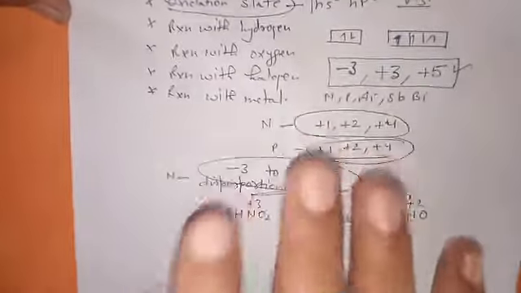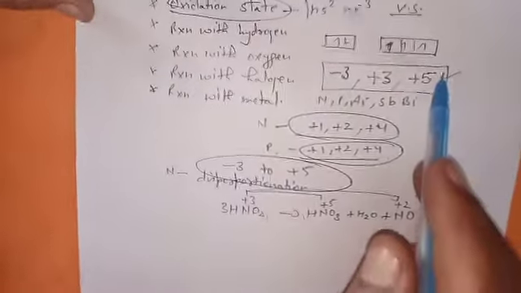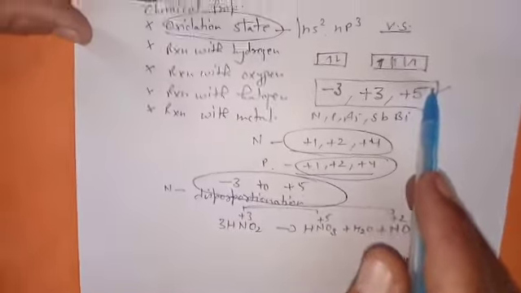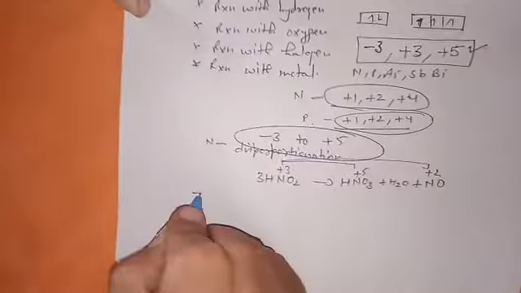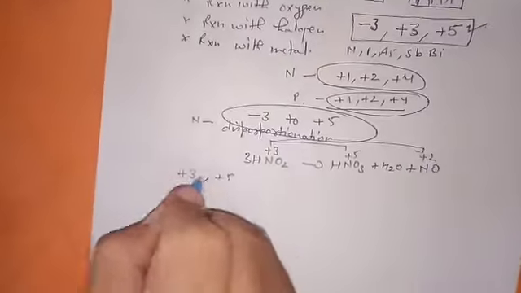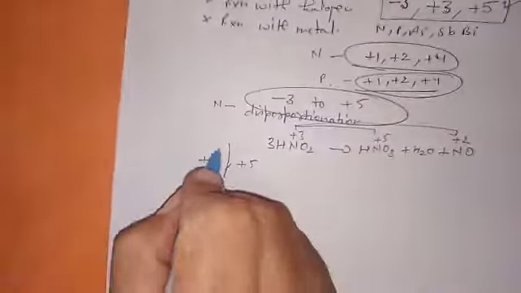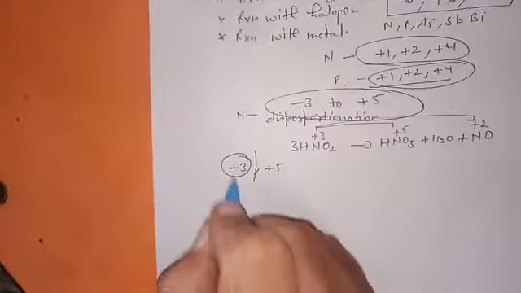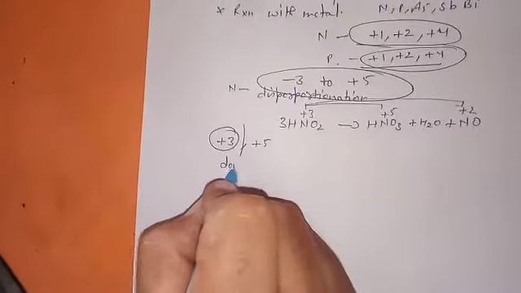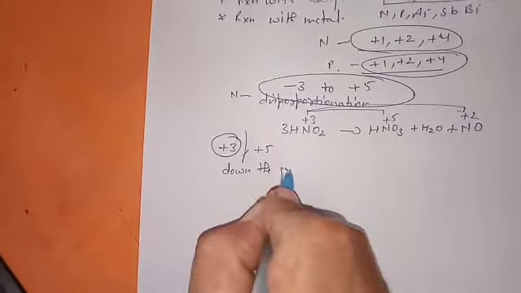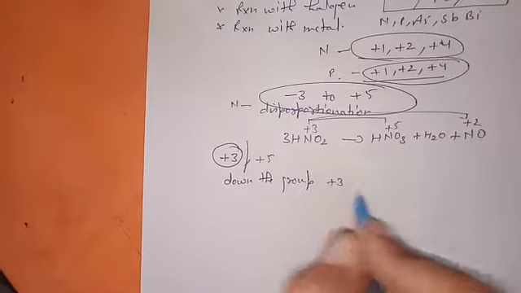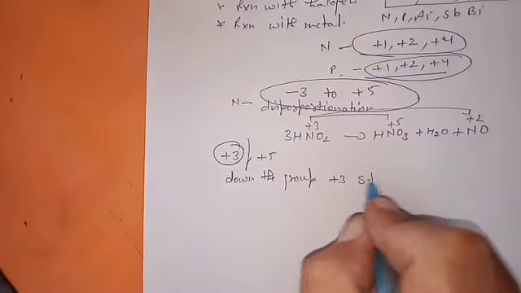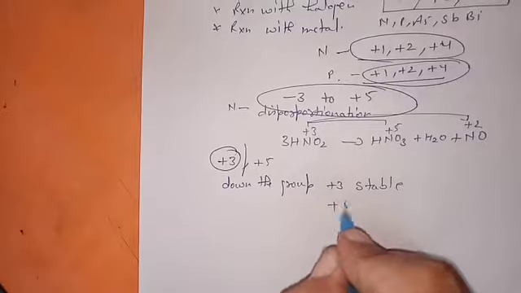However, you will say that the most common oxidation states are -3, +3 and +5. But if you talk about the +3 and +5 states, if we move down the group, +3 is stable and +5 is unstable.